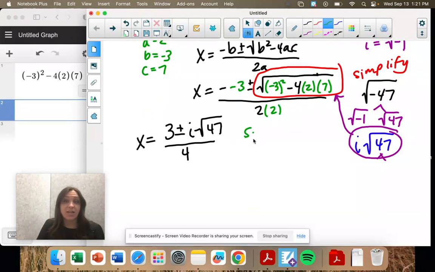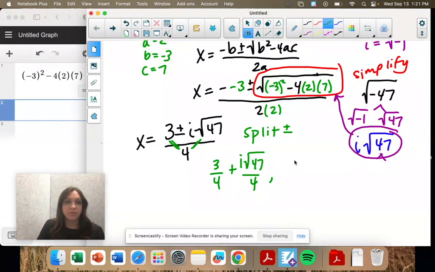So that's it. Our last step is to split that plus or minus. So I have 3/4 plus i square root of 47 over 4. Remember, this 4 goes to both terms, and then it's the same thing with a minus.